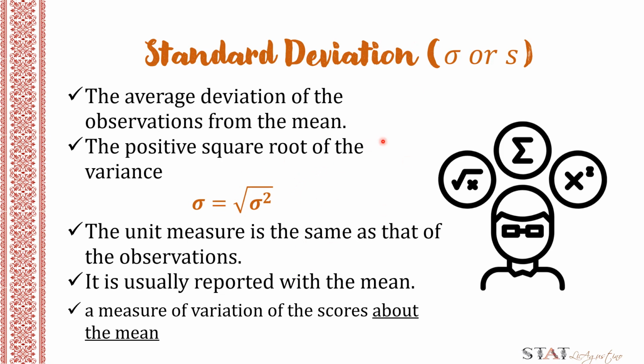That's why researchers or analysts can easily determine the variability of your data by just looking at the standard deviation. The lower the standard deviation, the more reliable, but the higher it is, the less reliable, depending on your subject, on your discipline.